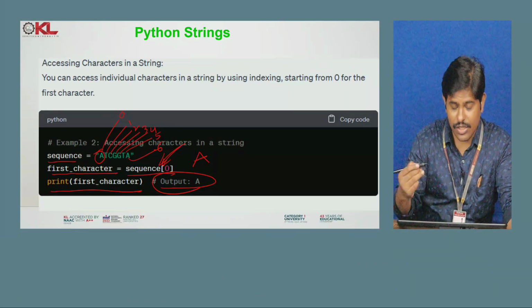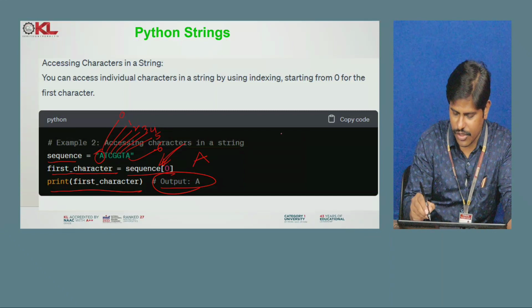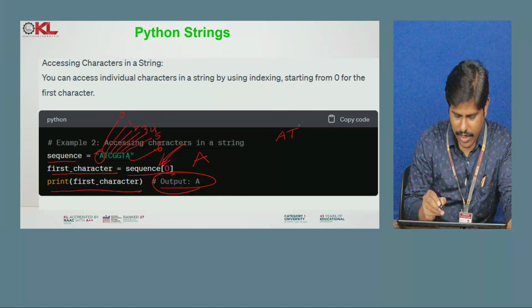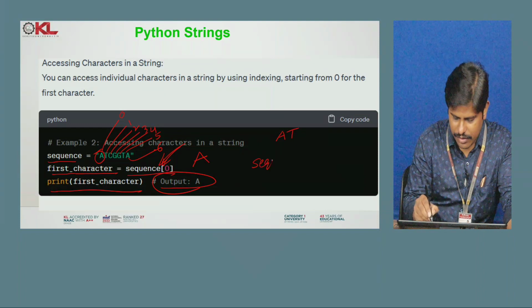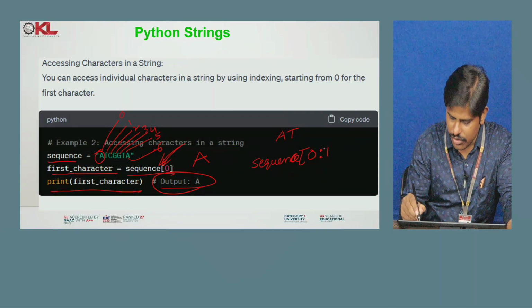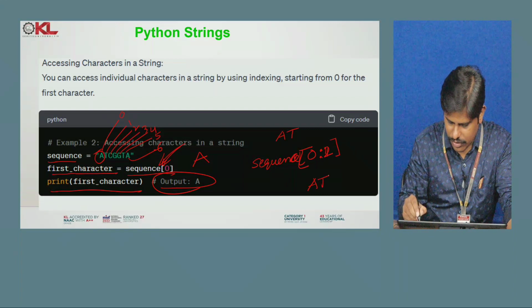And if you want to access more than one character, suppose I want to print AT on the screen, I have to say sequence[0:2]. The output will be AT.